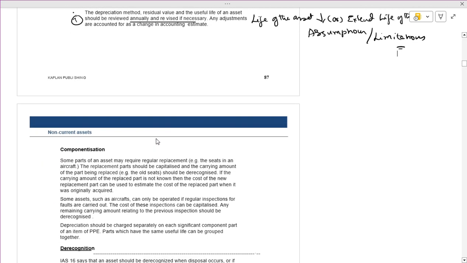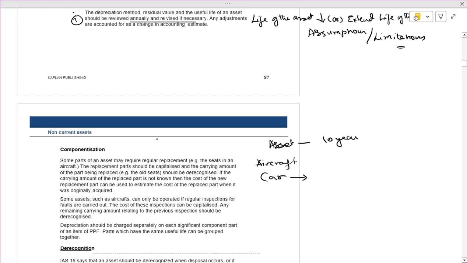Now, very interesting thing, when we are talking about an asset, we are not going to replace the asset; it will be there for 10 years. We are using an asset. Take the example they have given, the aircraft. You take your own car.